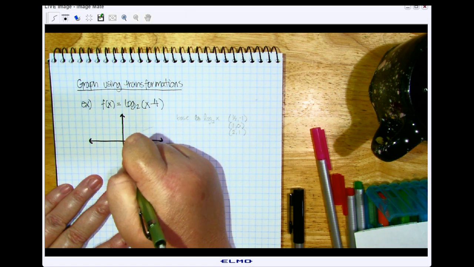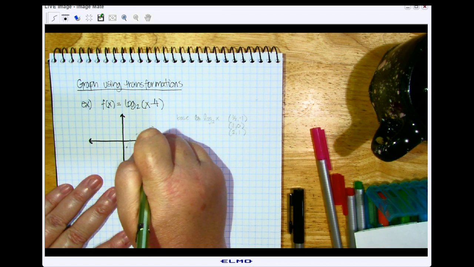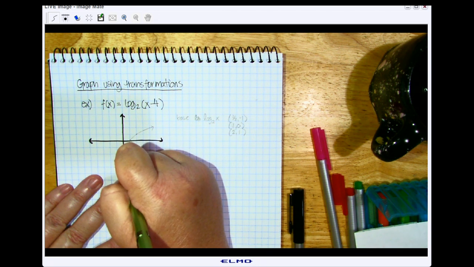Okay. So I know that my log graph is going to look something like this in the base.